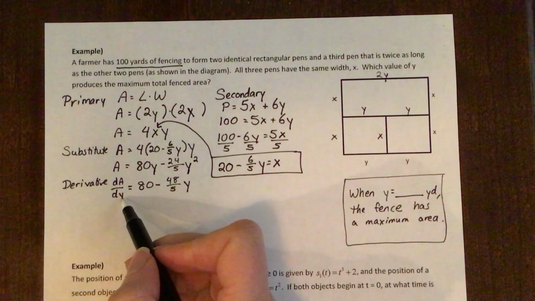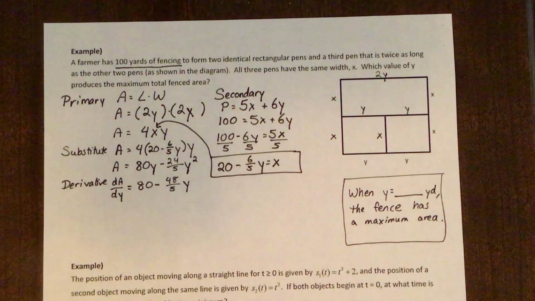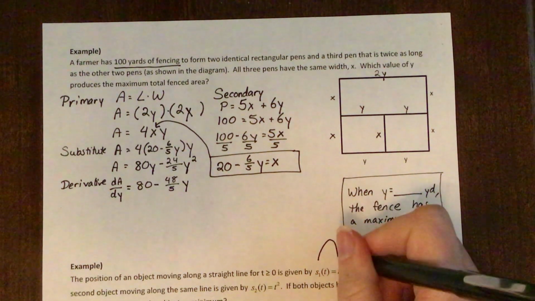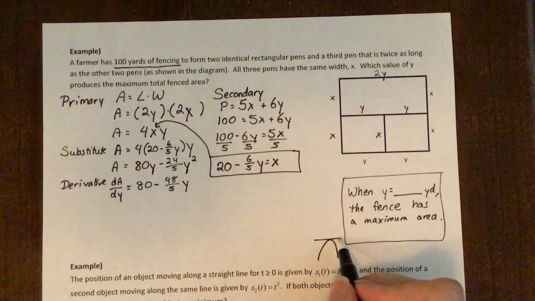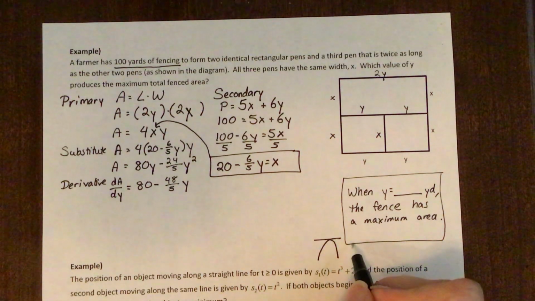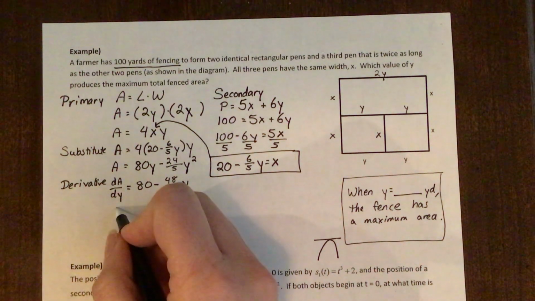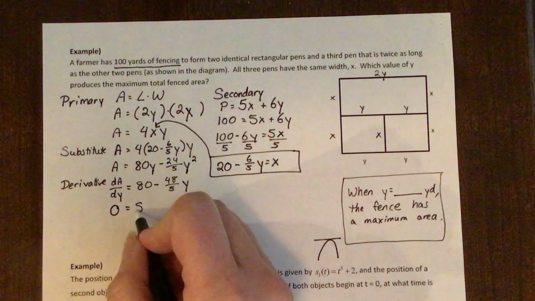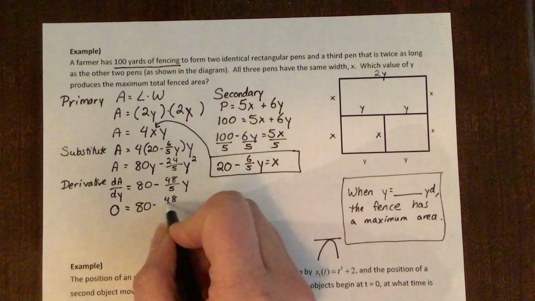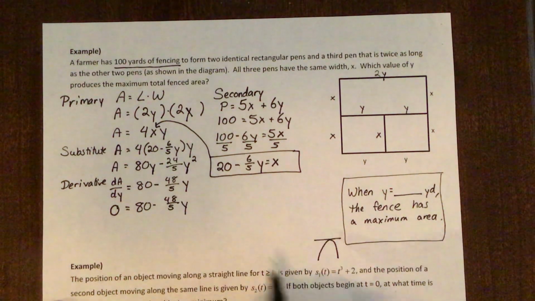dA dy. We want to find where we have a maximum. Maximum and minimum, those types of things happen where the derivative equals 0, right? Where we have a maximum, the slope of the tangent line is 0. So we plug in 0 equals 80 minus 48 fifths y.